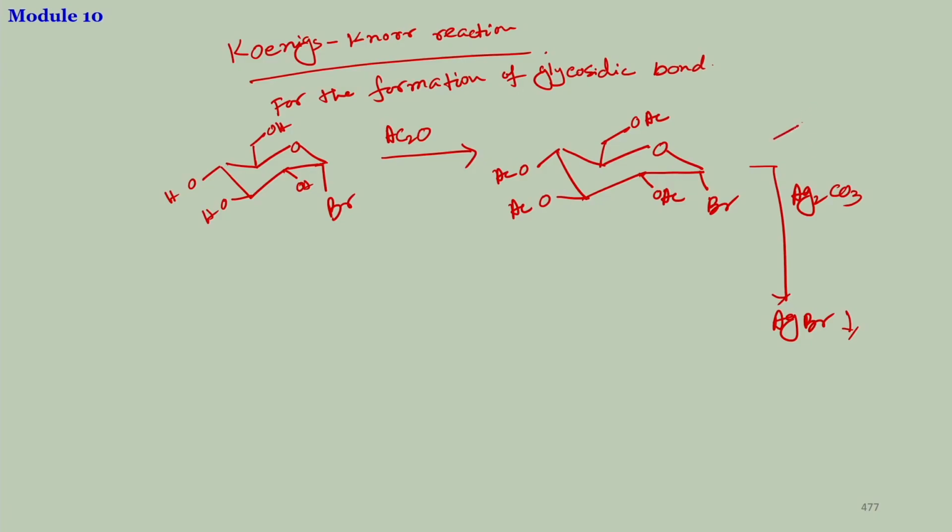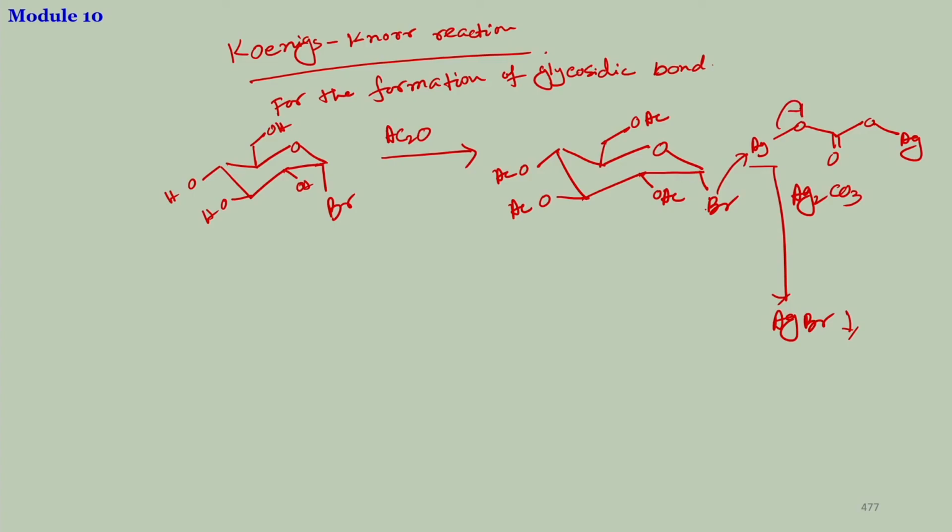This is the structure of Ag2CO3. Br minus goes there, it will take up, this will become a kind of a minus.